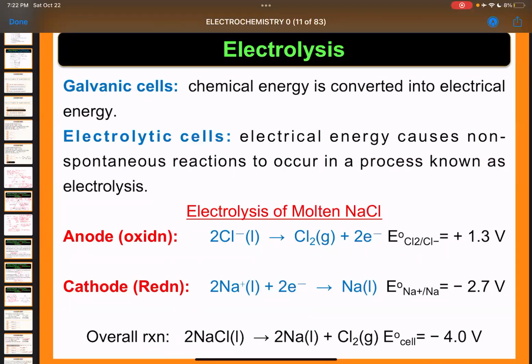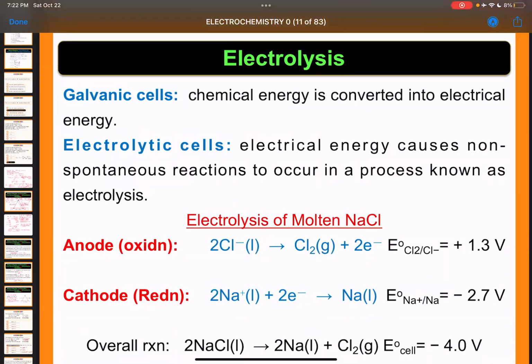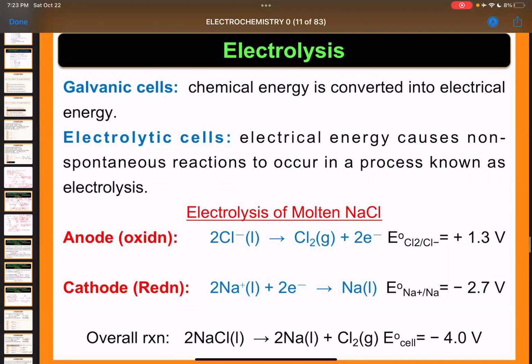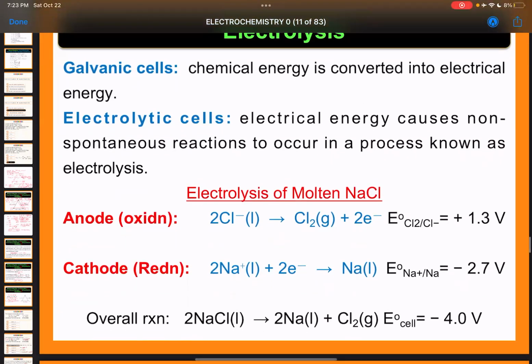Okay. Clear? In electrolysis, the reaction doesn't happen on its own. The reaction is non-spontaneous. Okay, and the EMF is negative, right? Suppose this one, the EMF is negative, right? Clear?